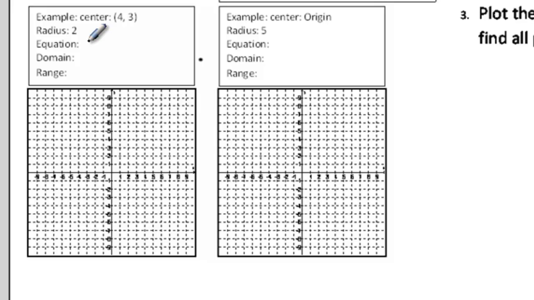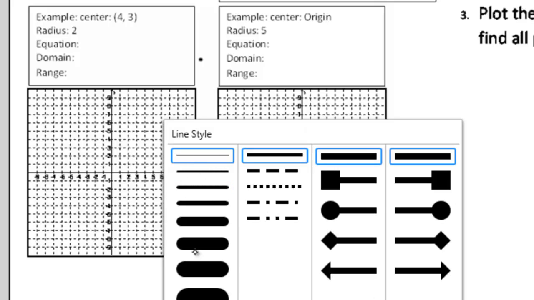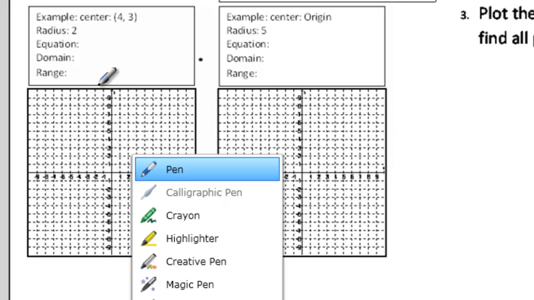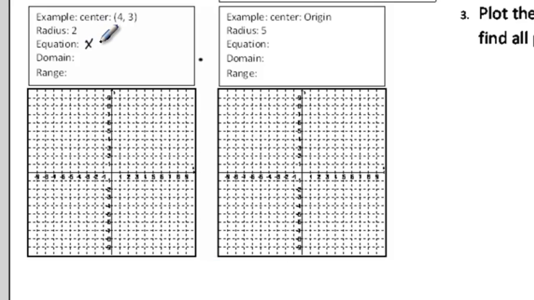Therefore, the equation is going to be x minus 4 squared plus y minus 3 squared equals 2 squared, which is 4.